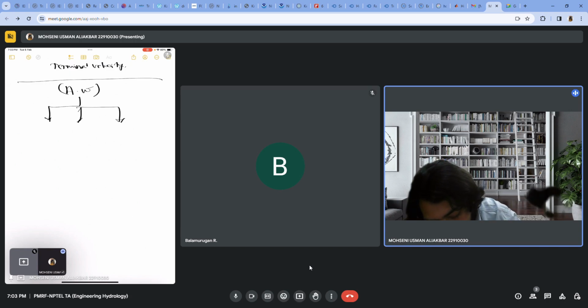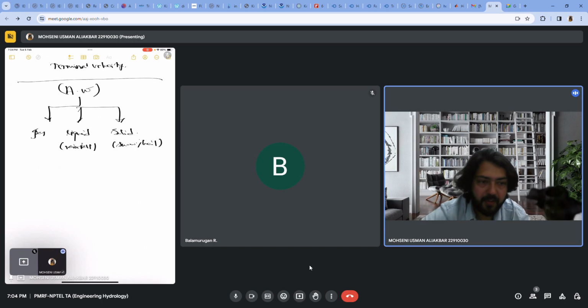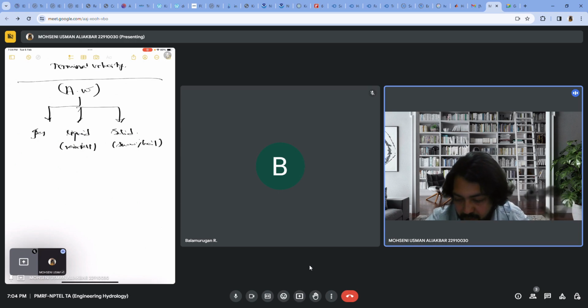It can be present in the form of gas, liquid, or solid. Rainfall is an example of liquid, and solid means snow, or we can call it hail also. These are the different forms in which water exists in the atmosphere.